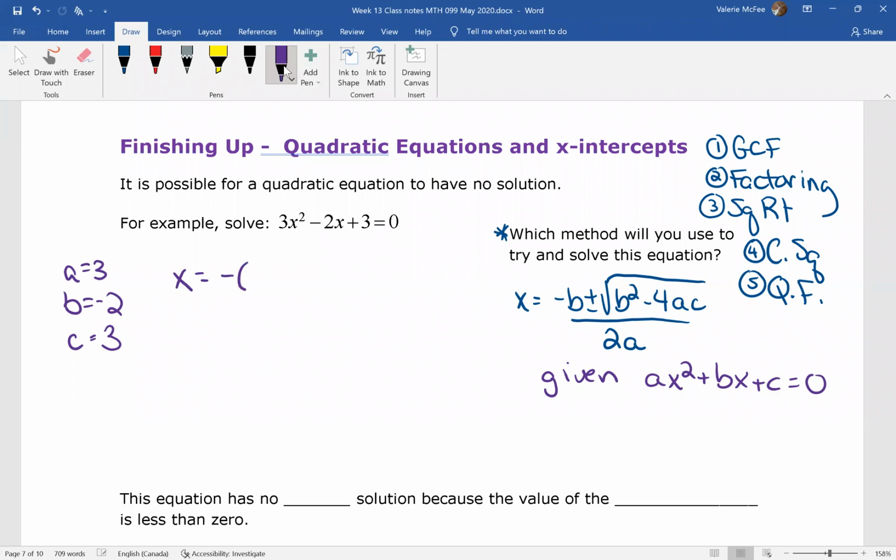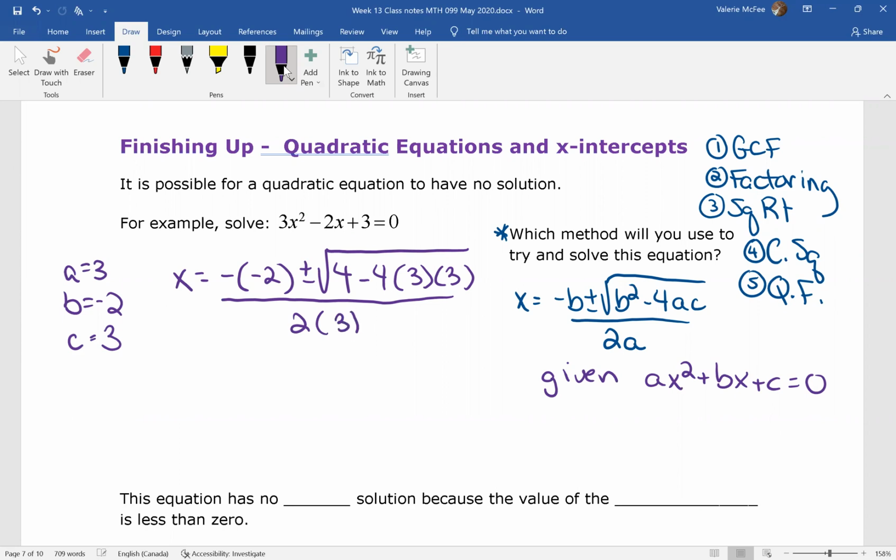X equals the opposite of b, plus or minus the square root of b squared, I'm just going to write 4, minus 4ac, all over 2 times a. So we have 4 plus or minus the square root of 4 minus 36 all over 6.